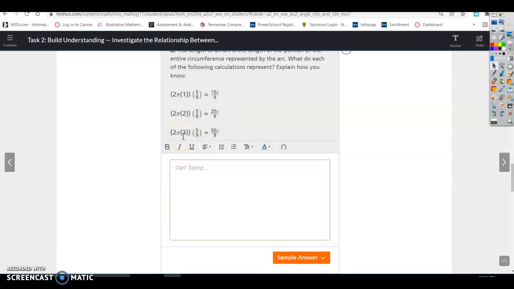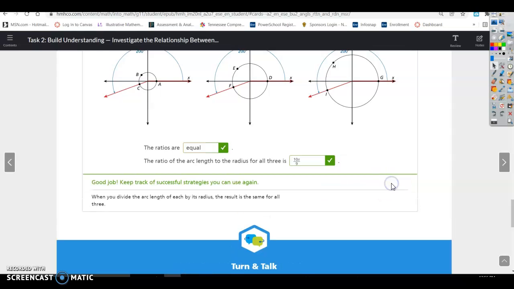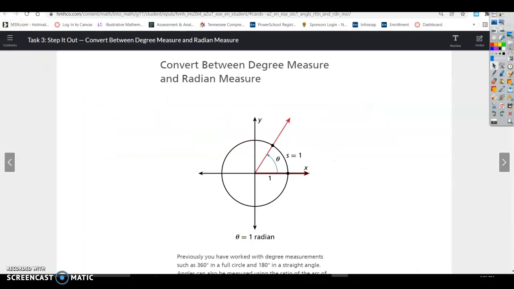This has a radius of 3, so if I take this and divide it by 3, I still get 10 pi over 9. So the ratio is still going to be the same, even though it was a little different because for each one of them, the radius was different. All right, that's all for task 2. If you have any questions, let me know.